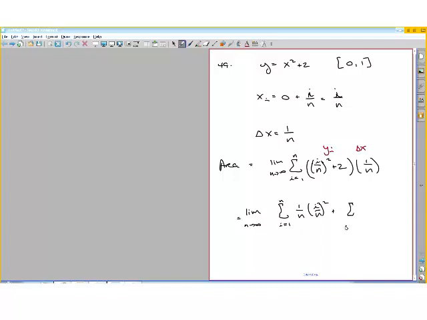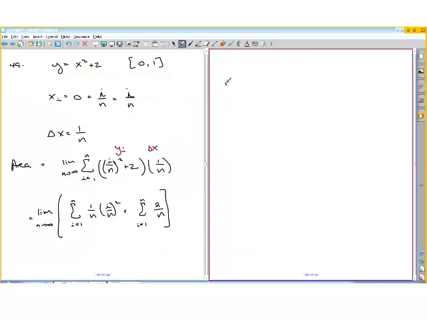And then the second term is the summation from i equals 1 to n of this times that. So we get 2 over n. Make sure that 2 times 1 over n is 2 over n. So we have two summations, and then we'll take the limit of those two terms when n goes to infinity.